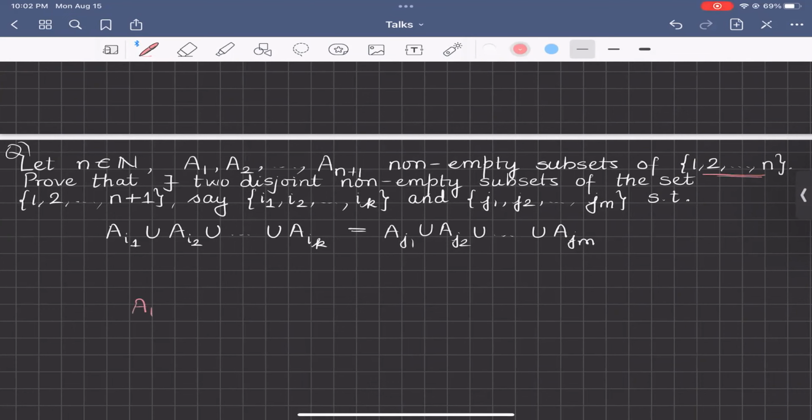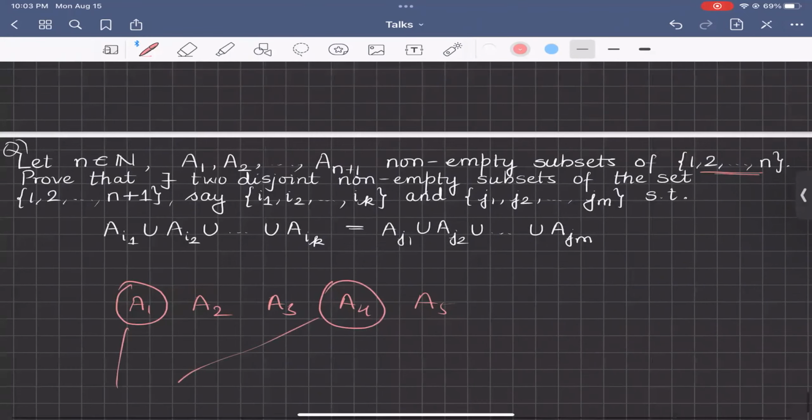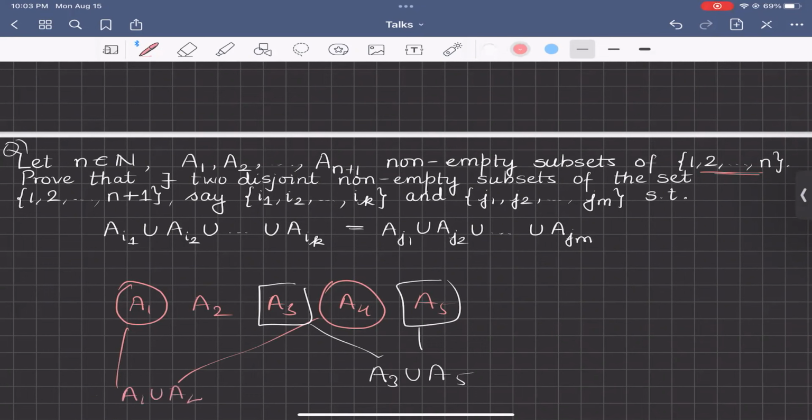We want to show that, let's say n is 5, for example, there is some subset like this, and then another corresponding to, let's say, this and this, such that the union of these is the same as the union of these.